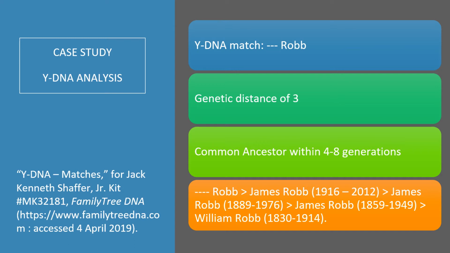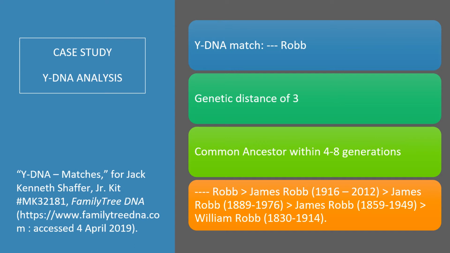Now, providentially, this person who had a genetic distance of 3 had identified a family line, had a family tree. And he showed that his father was James Robb, who was the son of a James Robb, who was the son of a James Robb, who was the son of a William Robb.